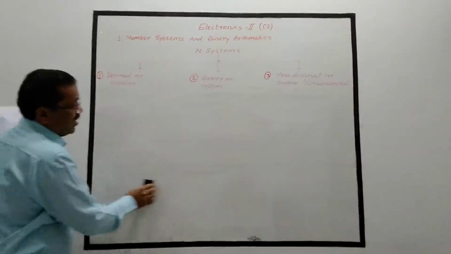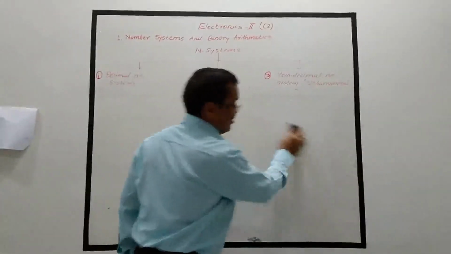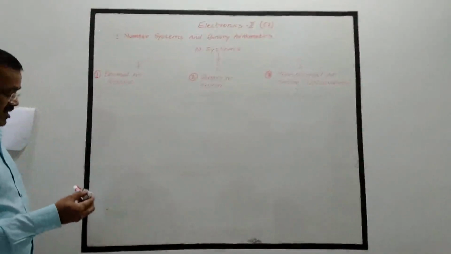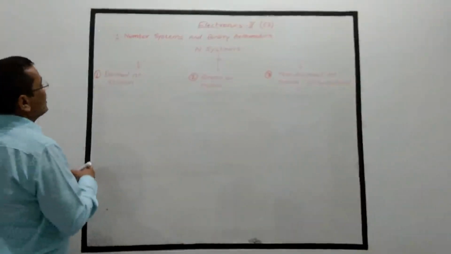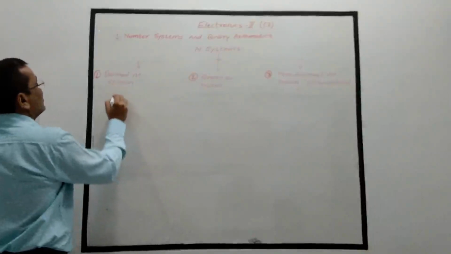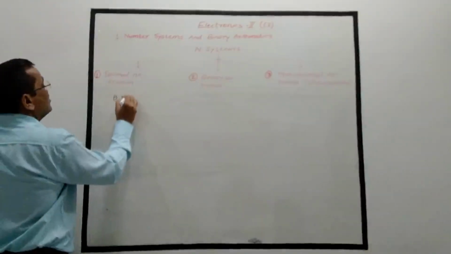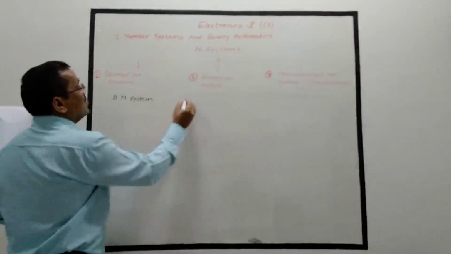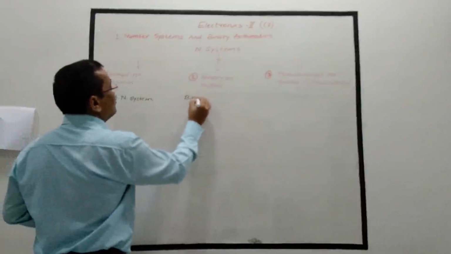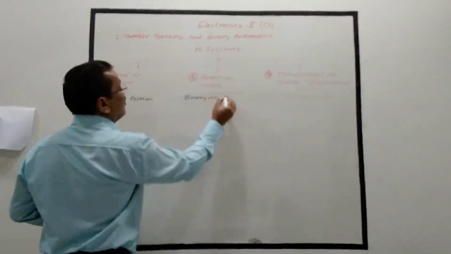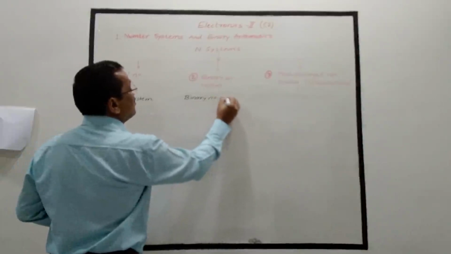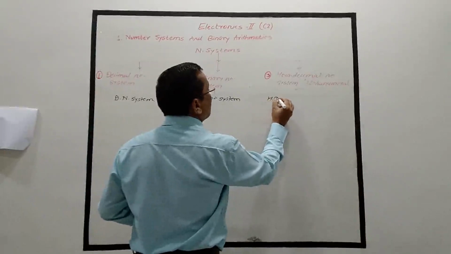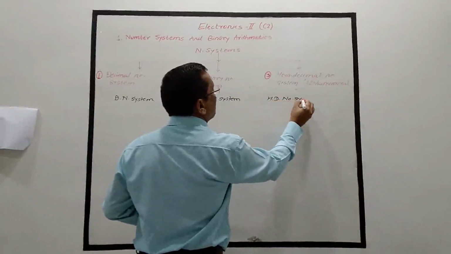So we have to draw a table to know the symbols in the different number systems: the decimal number system, the binary number system, and the hexadecimal number system.